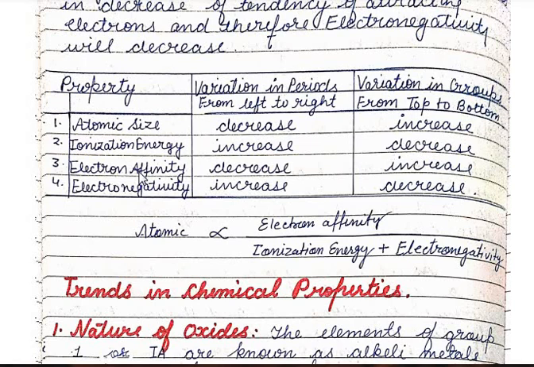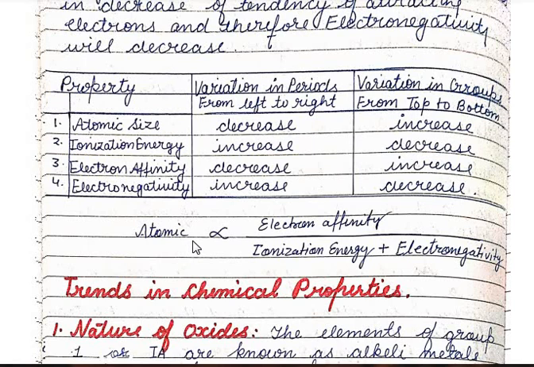Electron affinity in a period from left to right will decrease and in a group from top to bottom will increase. Or electronegativity in a period from left to right will increase and in a group from top to bottom it will decrease.